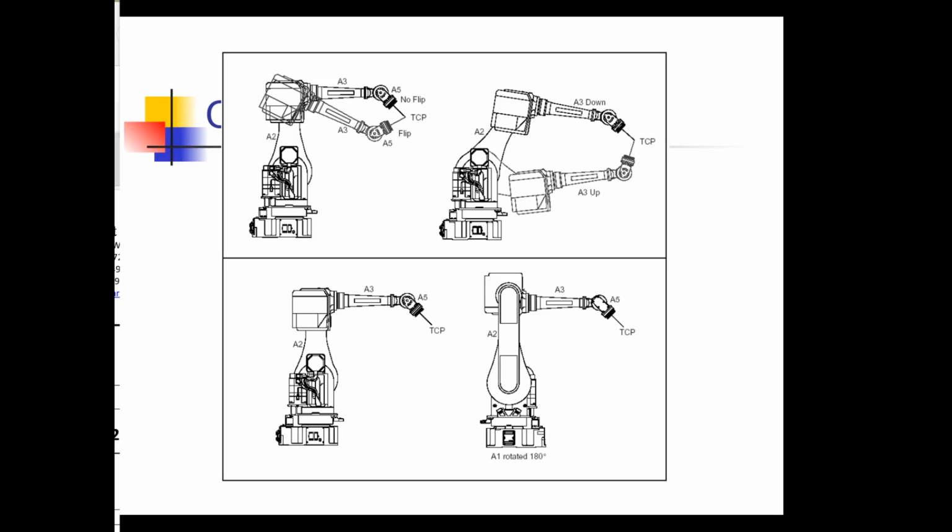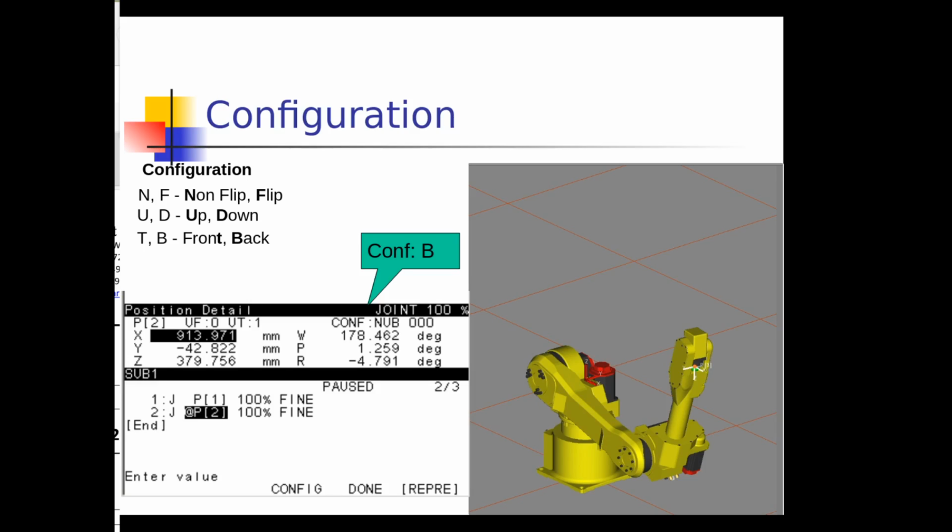Axis A2, it can be kind of up and coming over and down, and so that would be down, or it could be bent way low and coming up from underneath. Okay. Another option is that it could be totally flipped over on its back. And so if we go back here, we see that we can be either flipped or not flipped. We can be either up or down, or we can be T for front, using the T at the end of front, or B for back.